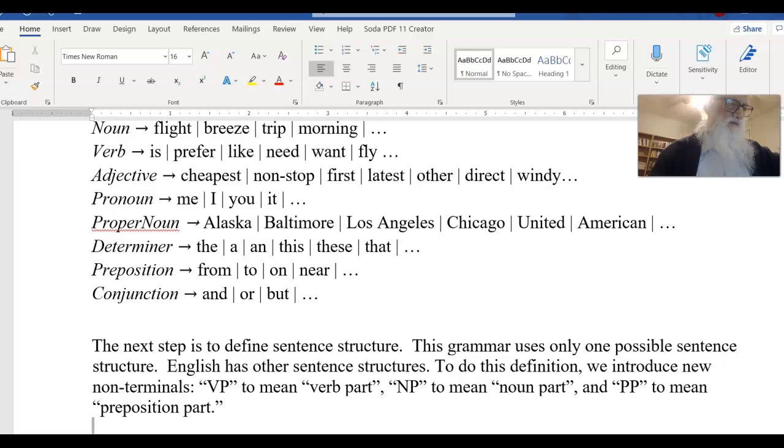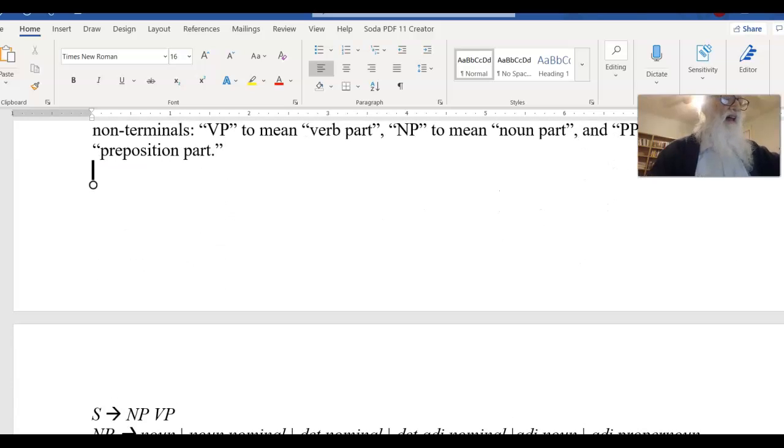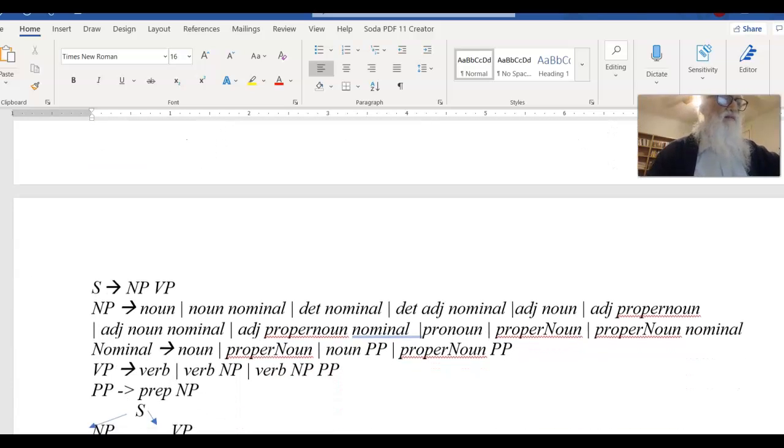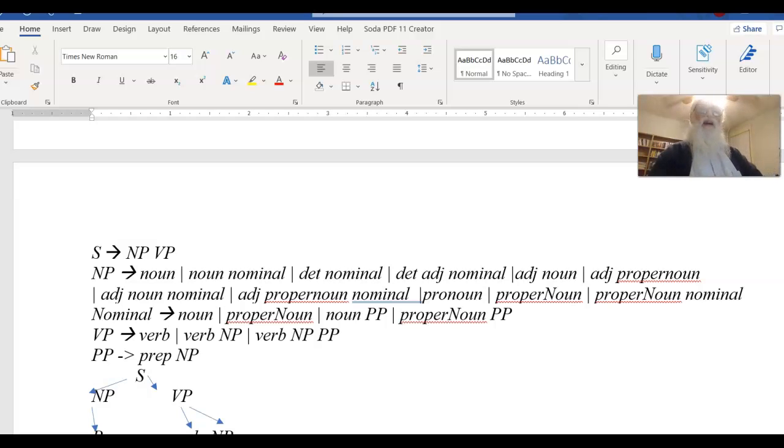Well, reasonably simple. Now, as you remember, every grammar has to have a starter symbol. Our starter symbol will be the traditional S. And in this, S stands for sentence. And I think I have that a little wrong. I'm sorry. I modified it later to make that PP.